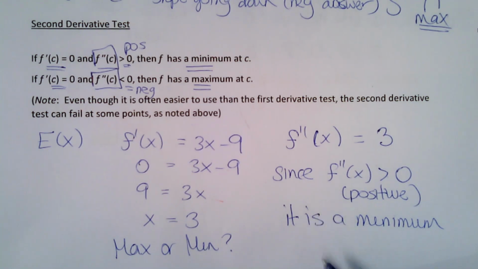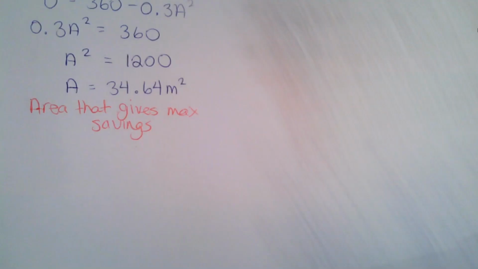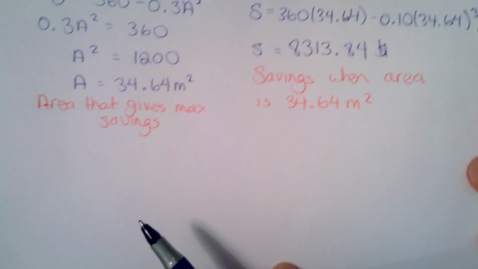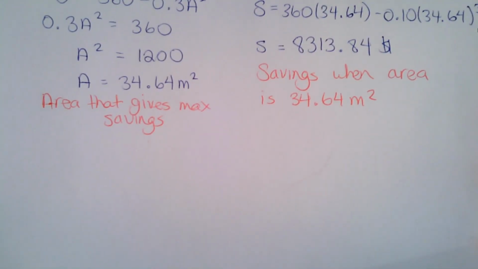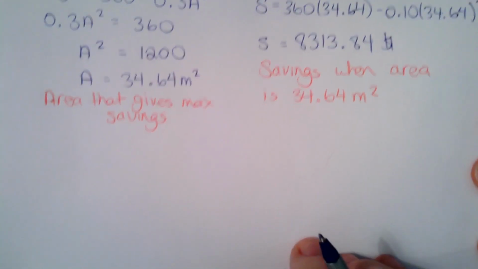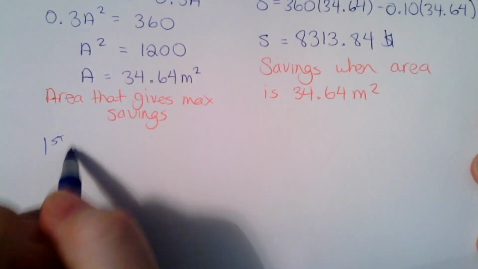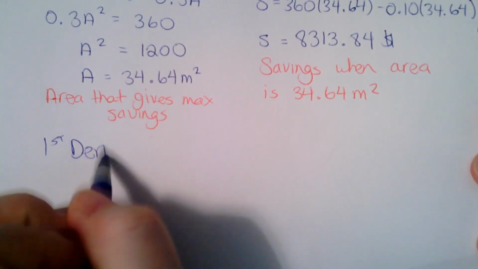All right, so let's go back to that first example. So how would I check to make sure this is a maximum savings like I want?